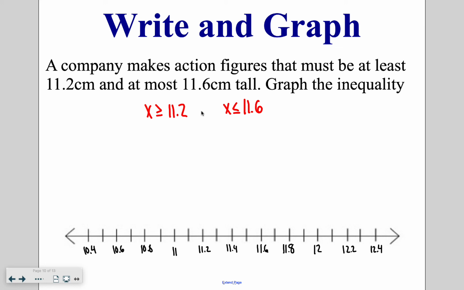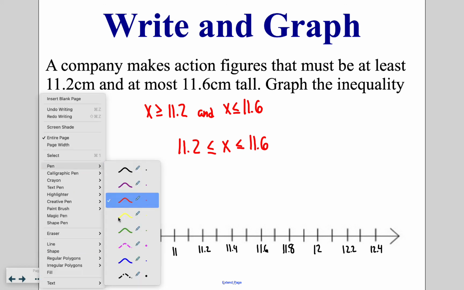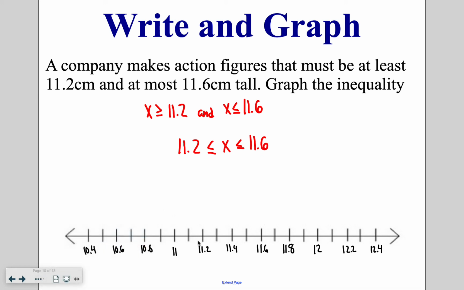This is going to be an and statement, so you can write it as two separate pieces, or if you prefer, you can write it in that compound form for an and statement, which is 11.2 is less than or equal to x, which is less than or equal to 11.6. Now I'm going to come down to my graph, and I'm going to put a closed dot at 11.2, a closed dot at 11.6, and then connect them because we are looking for those values in between those 2 points.